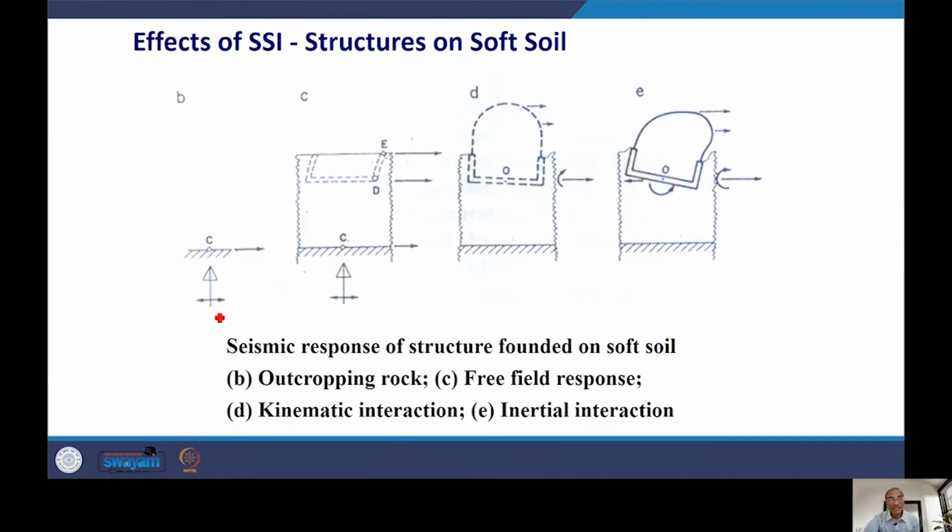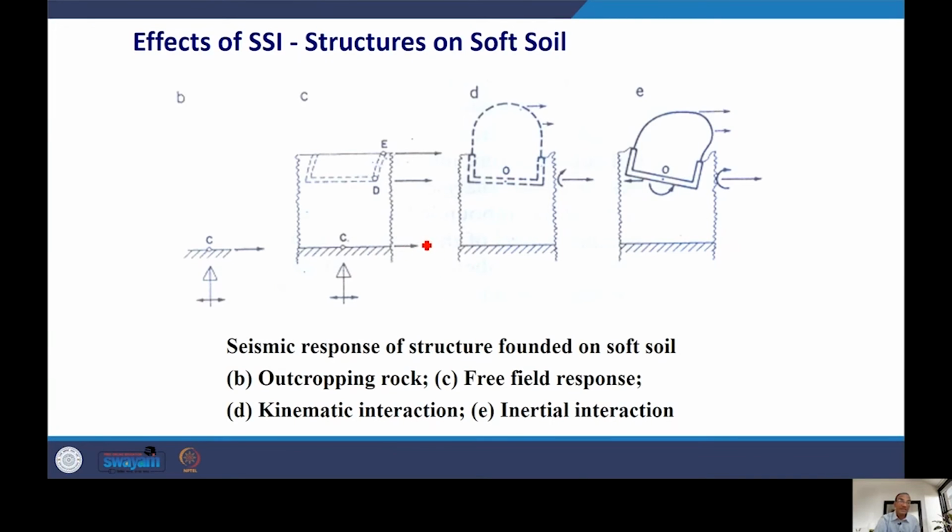The dotted lines show you the location of the foundation. When the structure is constructed, the foundation is placed at points D and E. Let's consider the two points D and E. At points D and E, the motion gets amplified due to the presence of the soft soil column.